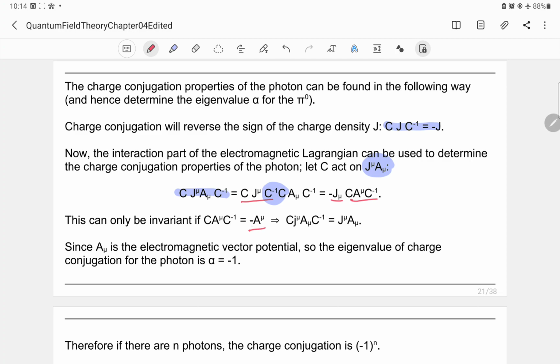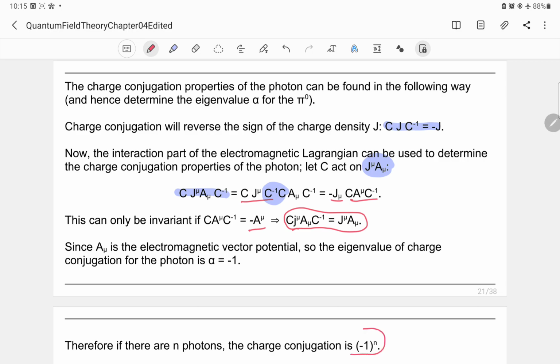If you have a negative A mu there, you'll be able to achieve invariance here. Now, since A mu is the electromagnetic vector potential, the eigenvalue of charge conjugation for the photon is alpha equals negative 1.